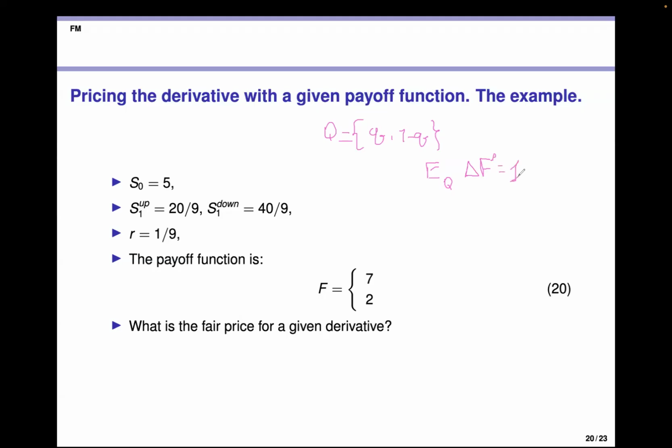And what does it mean? So if this is 5, this is 40 divided by 9 and 20 divided by 9.